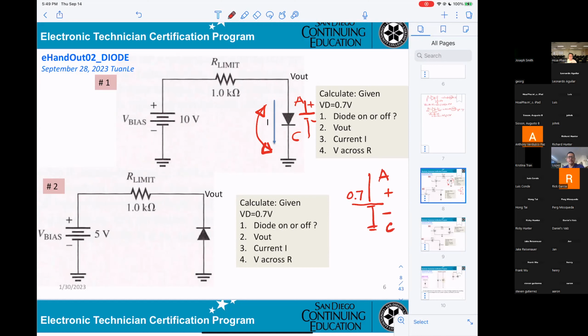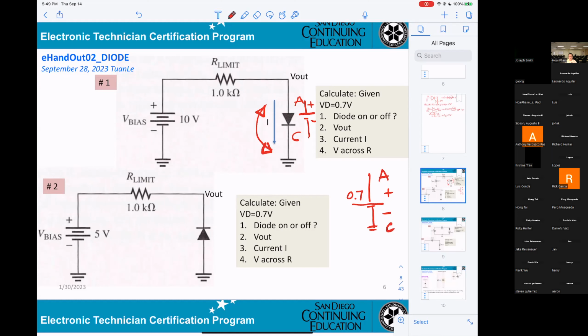Hey, Mr. Pham, can you draw like you did on the previous one? How you showed VD is equal to VA minus VC to show what the output would be, V out? No. Right now I'm talking about if you say the diode is on, right?